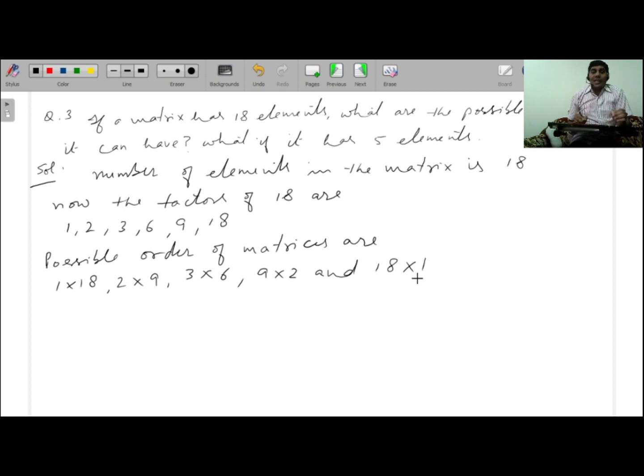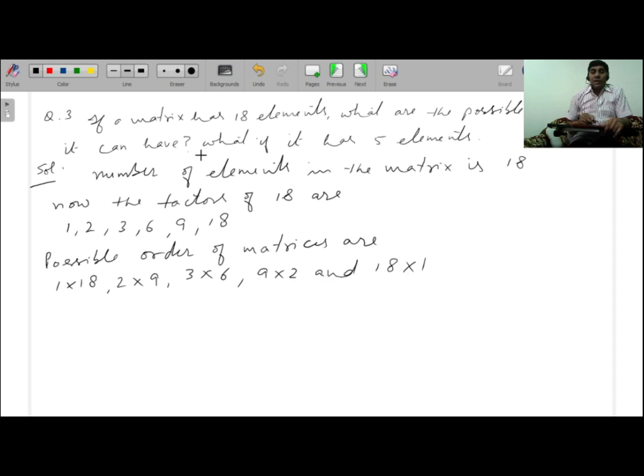If a matrix has 18 elements, then there are 5 possibilities of the matrix. It may be 1 into 18, it may be 2 into 9, it may be 3 into 6, it may be 9 into 2 and it may be 18 into 1.